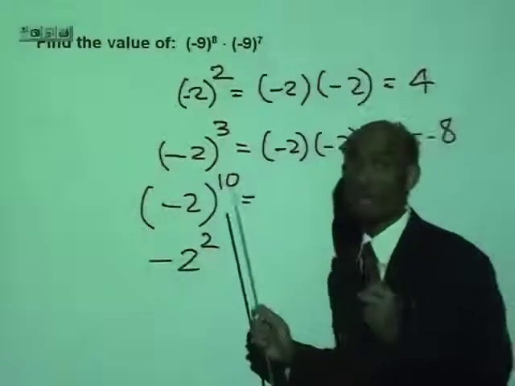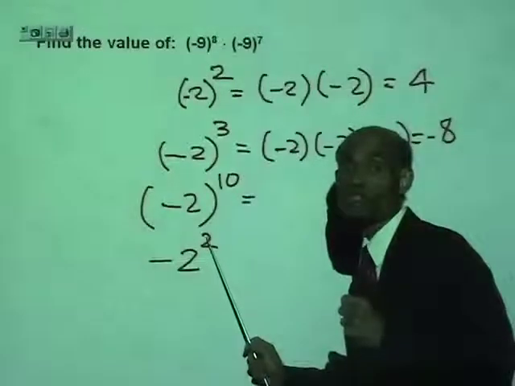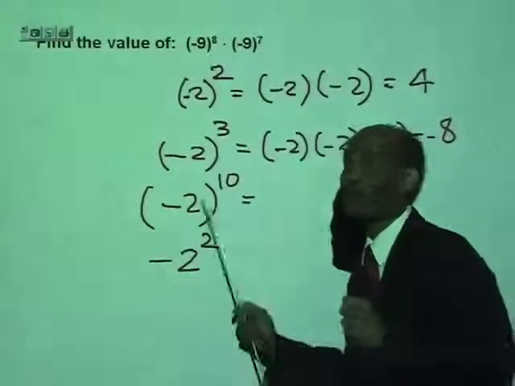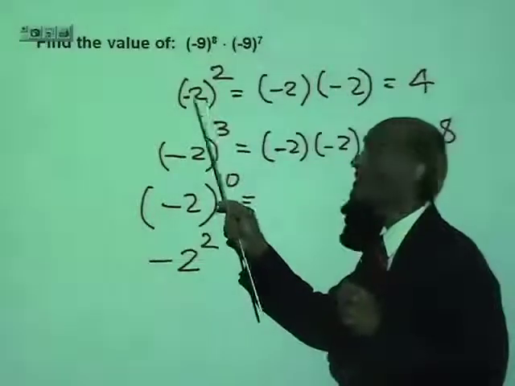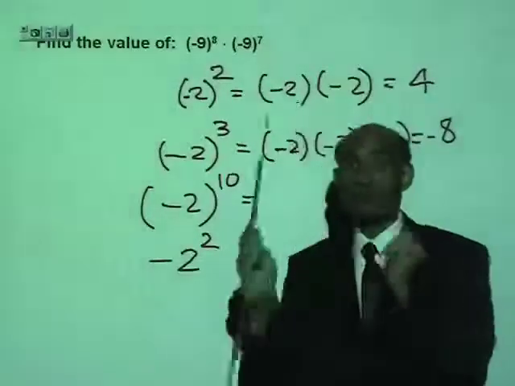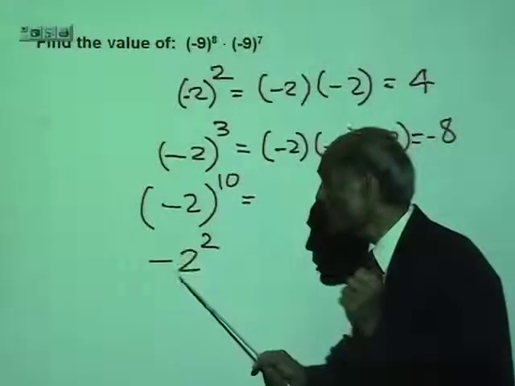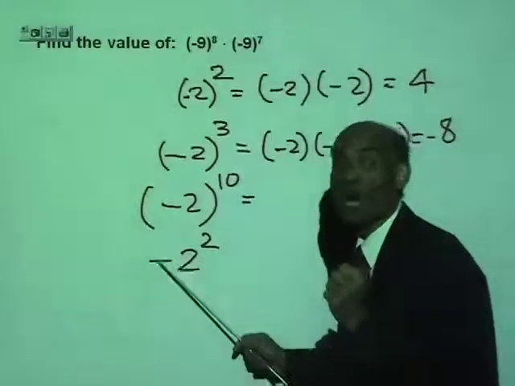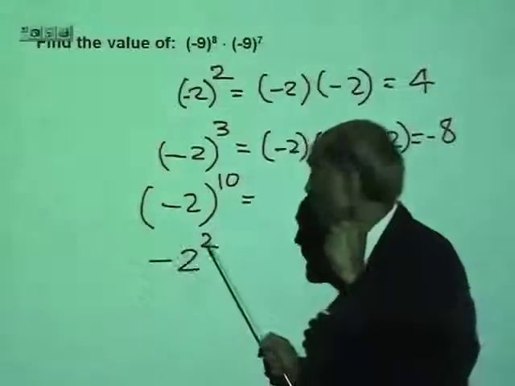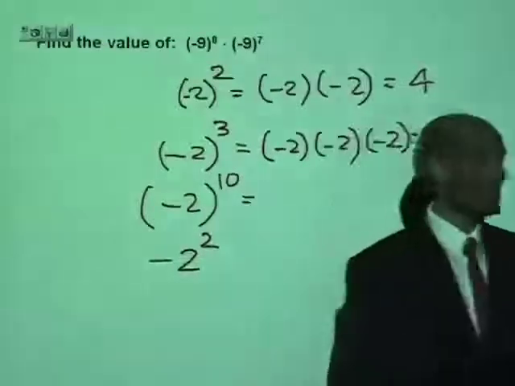Now you must understand here, this power 2 does not belong to the negative sign. Whereas in here, the power belongs to the whole of negative 2. In the bottom one, the power only belongs to 2, not the negative. That means the negative will not get multiplied twice. The negative will simply remain negative.